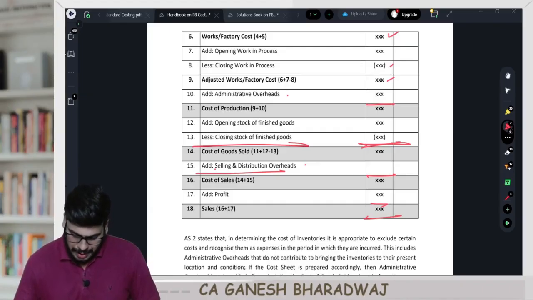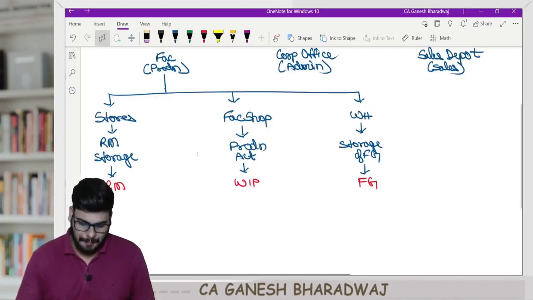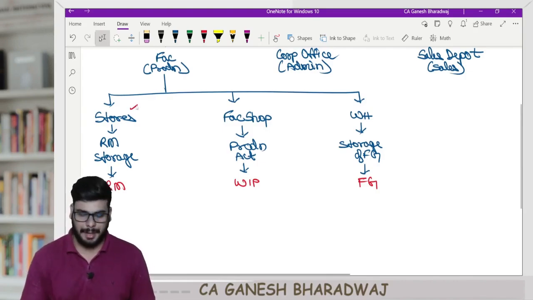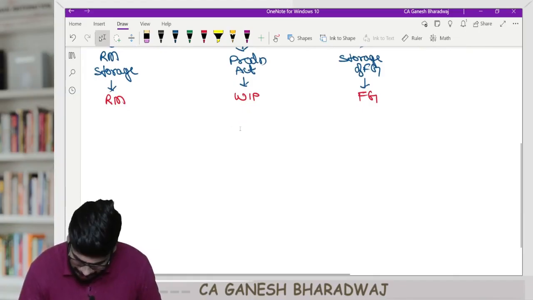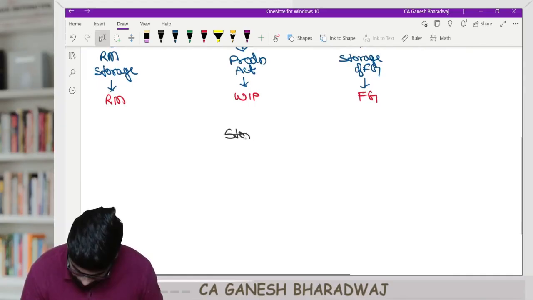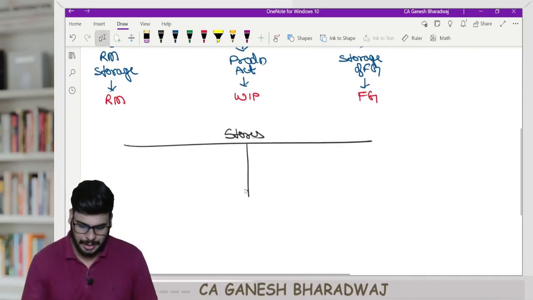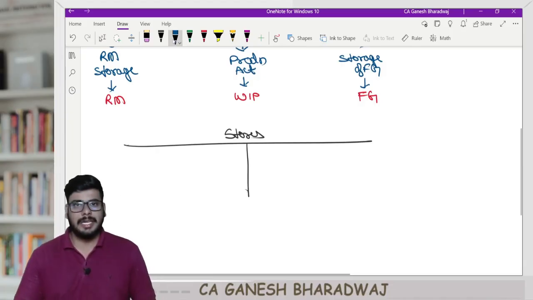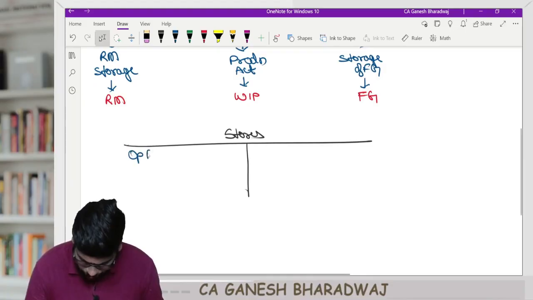Now, visualize this stores area first. The entire activity begins in this stores area. Now, what happens in a stores area? At the beginning of the period, I have some opening stock of raw material.